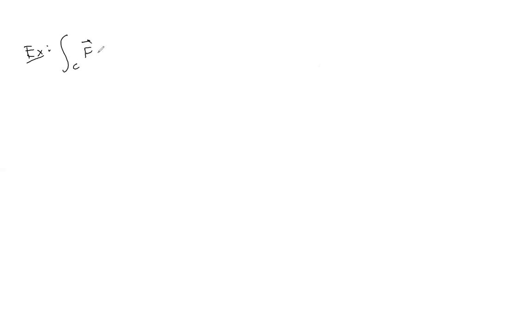Once again, we're trying to find out what this line integral is, and we're going to say that F(x, y) is the vector field (2x squared plus 3y cubed) i plus (3y minus x squared) j.